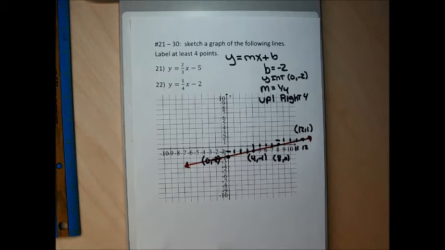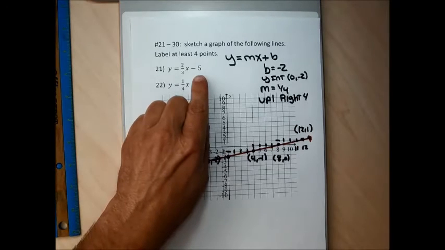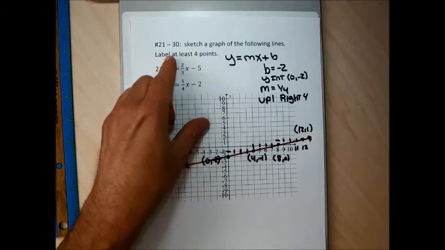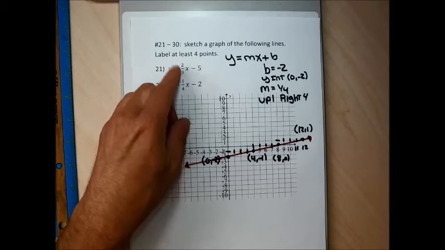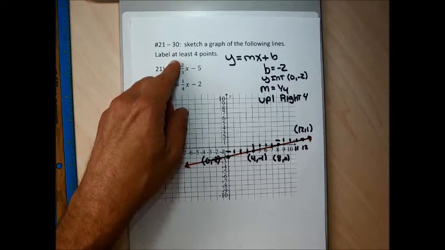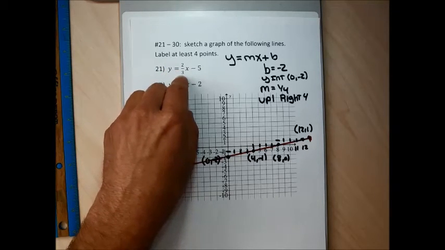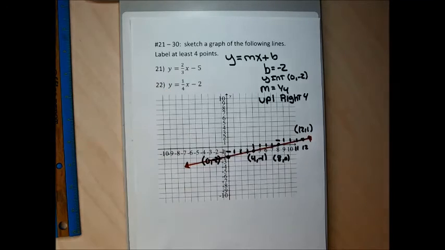It hardly matters. So for your graph, when you go to do problem 21, you're going to plot negative 5 on the y-axis and you're going to go up 2 and right 3, because the numerator is the y direction. If it's positive, it's up. If it's negative, it's down. The denominator is the x direction, and the denominator of a fraction is generally positive, so it's usually to the right I have to go.